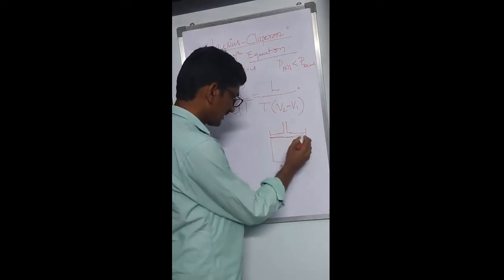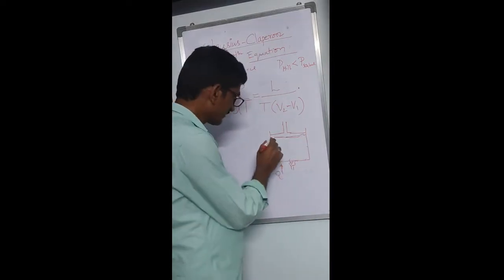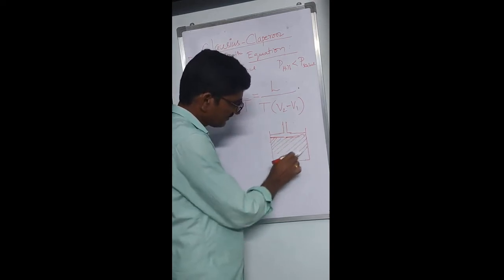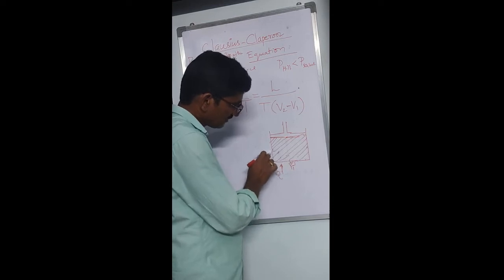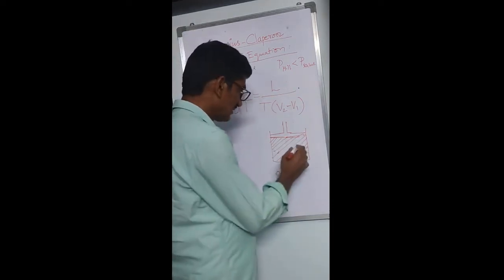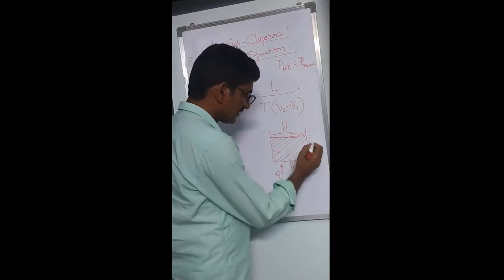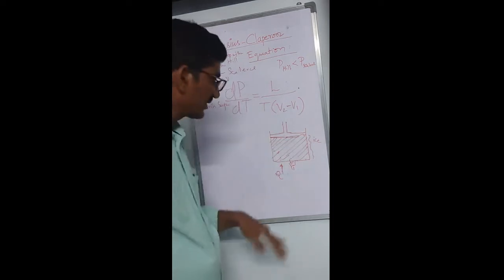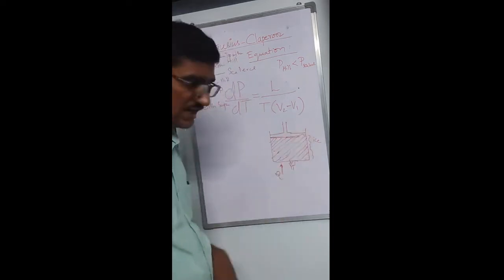Now, this vessel is totally filled with ice, up to this point. Now, what is this? This is ice. See, now up to this level, up to the piston, you are having the ice.